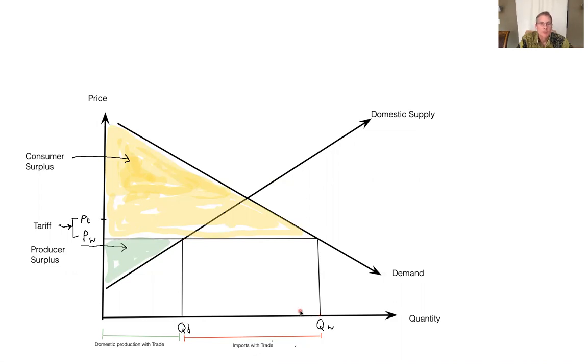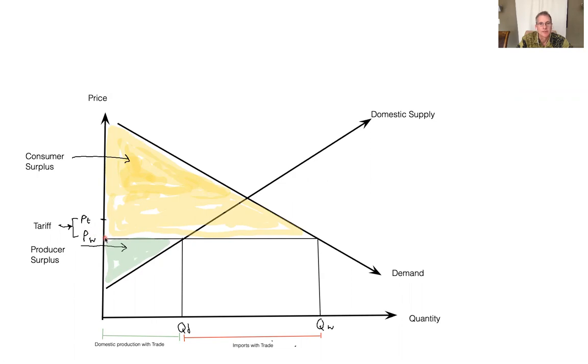Okay, so where we kind of left the story is that the domestic producers, having once had this much bigger producer surplus, are upset, they complain, and what they say is, we want a tariff put on tofu imports from that ship, from other countries, and the tariff is going to be an additional charge on each tub of tofu.